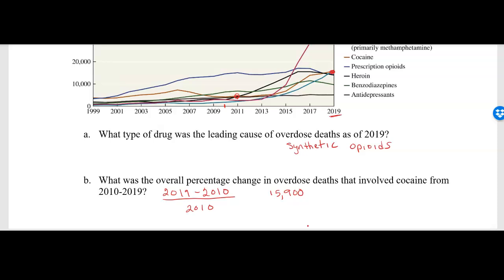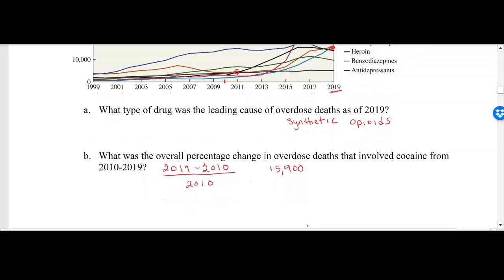If I go straight across, it's just under the 5,000, maybe a little bit more below 5,000. So I'm going to say 4,200. Again, you're just going to have to estimate. If you're doing your homework, show me what you estimate it to be, because if the program marks you wrong, I will give you credit. I just need to see what you wrote down for that.